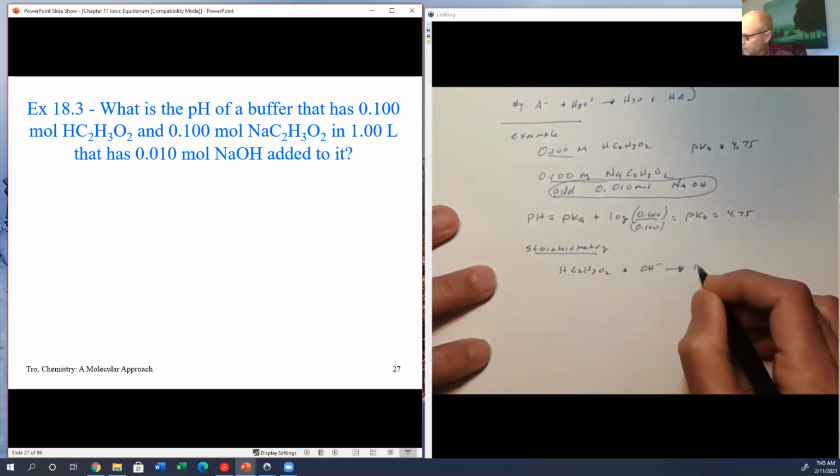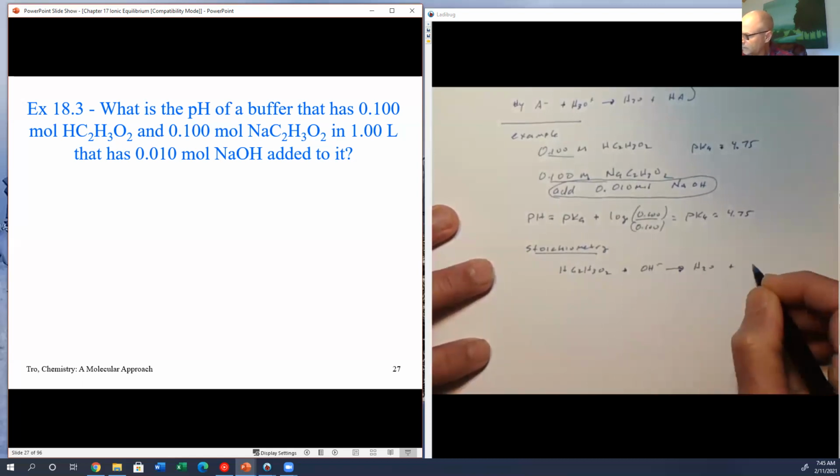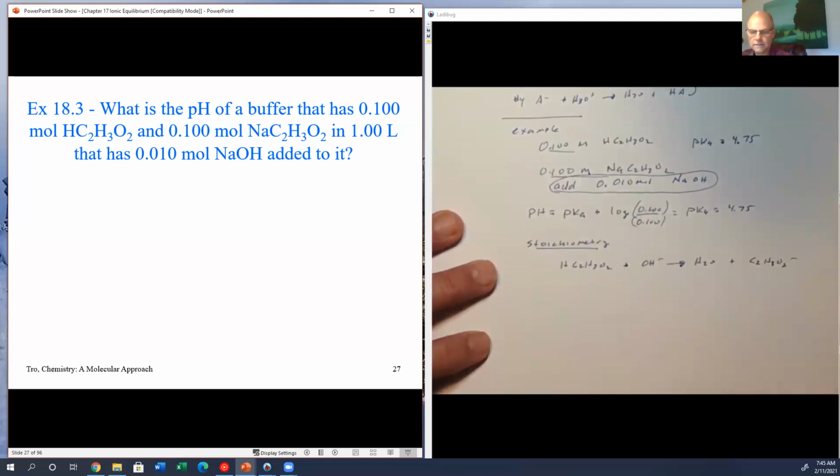To form H2O plus the conjugate base. And now for the stoichiometry calculation part, we're going to make another table that looks a little bit like an ICE table, which we've made in the past for equilibrium problems, but it's not an ICE table. Okay, it's a stoichiometry table.